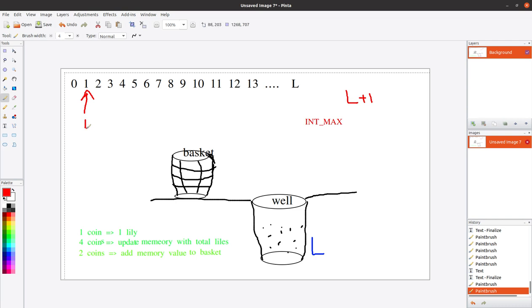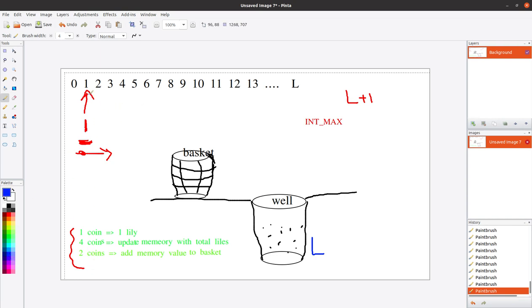The answer is 1. Based on these actions, you cannot spend less than 1 coin to get 1 lily, and this will be our starting point, and then we will iterate from this one to L, and at every iteration we need to do one of the following 2 actions.